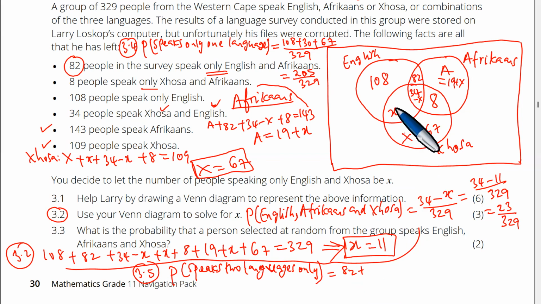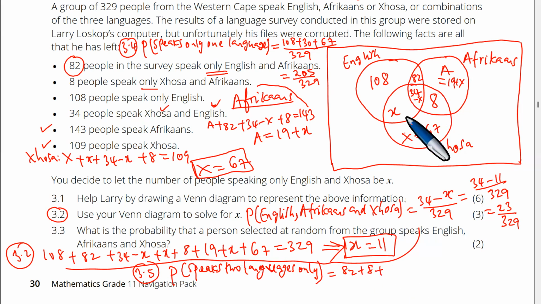And then now if X is 11, so it is English and Xhosa, but not Afrikaans. So you have X is 11. Or you can say, for instance, it's Afrikaans and Xhosa, but not English, 8.